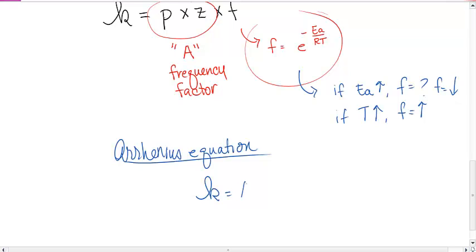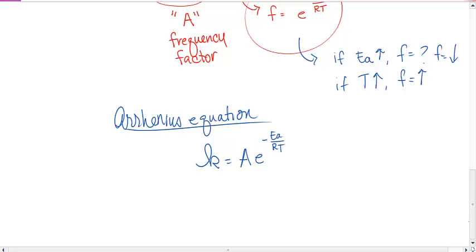That k is equal to this frequency factor times e to the negative E sub A over RT. The trouble is A is sort of this nebulous number that we would need to be given, so this is not the form we're going to use for the Arrhenius equation. We're going to turn this into a form more similar to the Clausius-Clapeyron equation in just a moment.